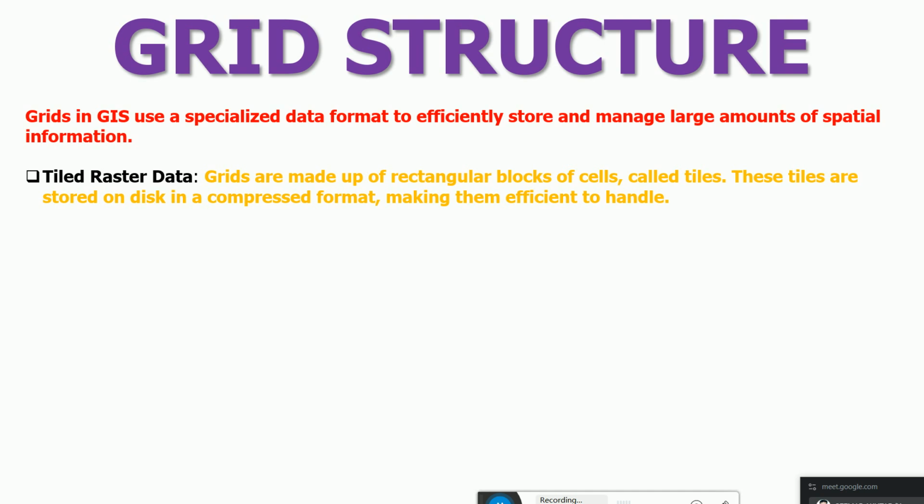Have you heard about tiles? If your background is remote sensing, then often when you download satellite data, one term is tiles. What are tiles? Grids are made up of rectangular blocks of cells called tiles, just like this.